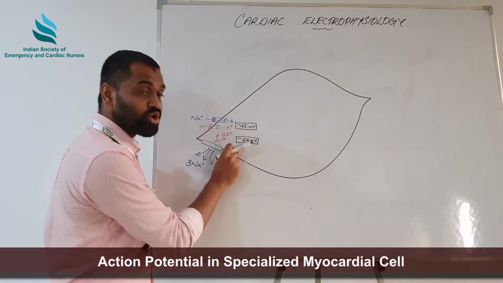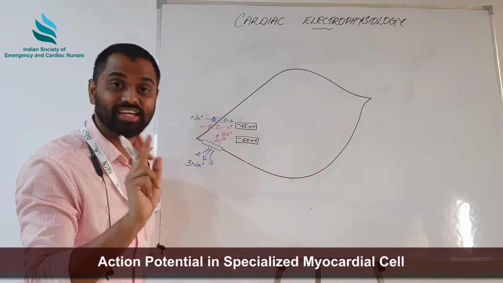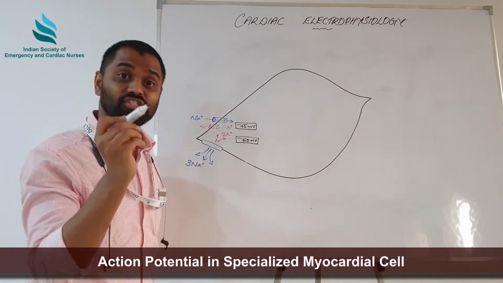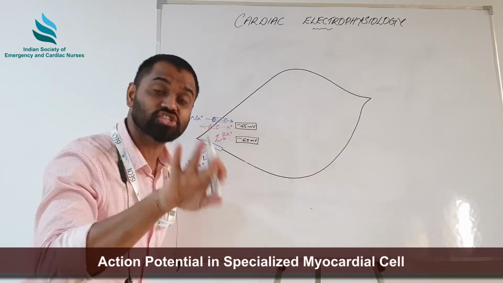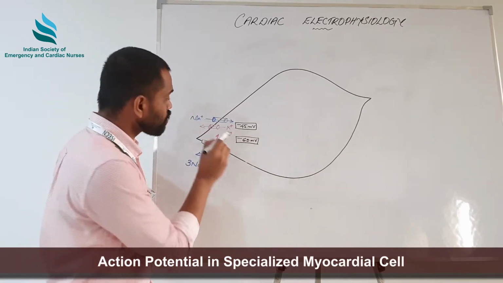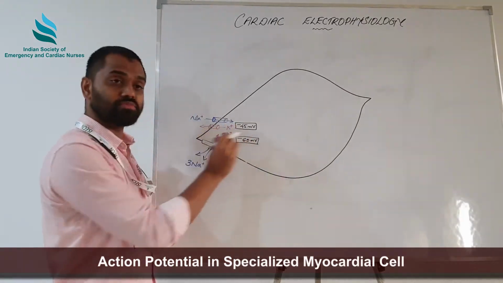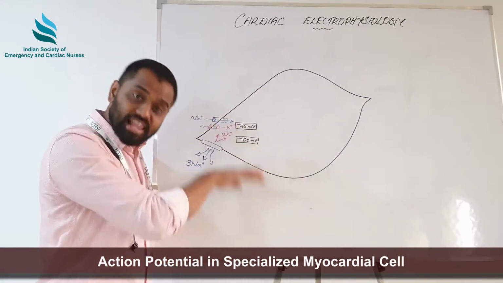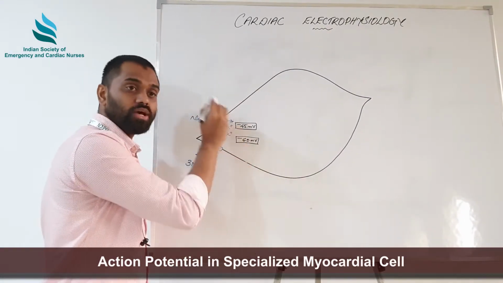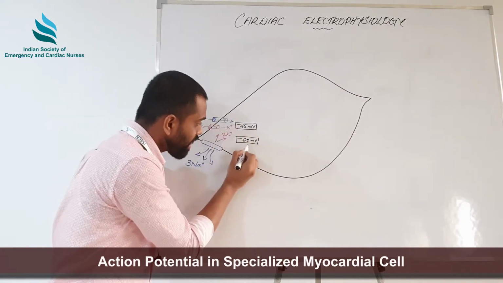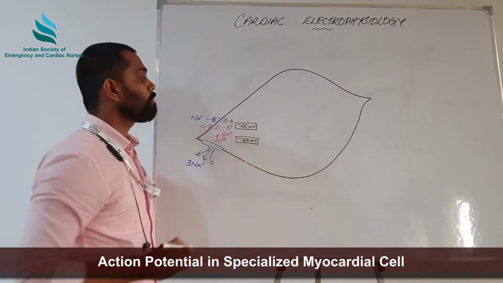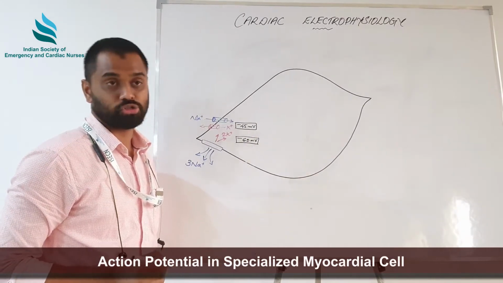But here no external stimulus is required. That is the property of an SA node. It does not require any external stimulus. Because of these leaky sodium channels, it can itself raise its potential from minus 60 millivolt to minus 45 millivolt.